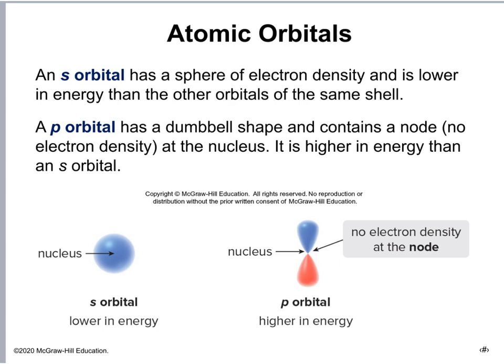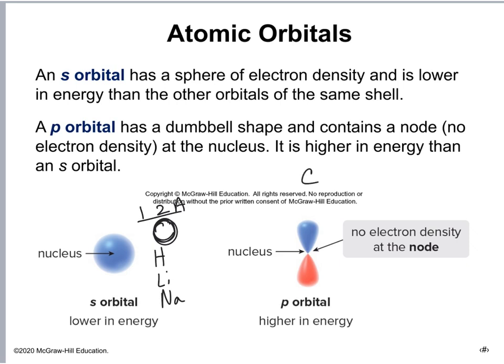Okay, so what happens is you have electrons that first fill up the s orbital, and so hydrogen, lithium, and sodium all have valence electrons in the s orbital. The first group, 1A and 2A of the periodic table, have their valence electrons in the s orbital, which has the shape of an s sphere.